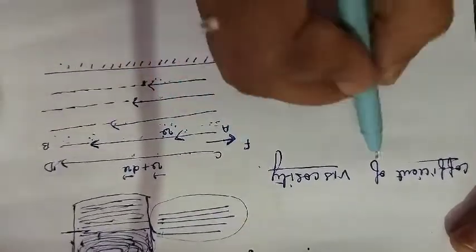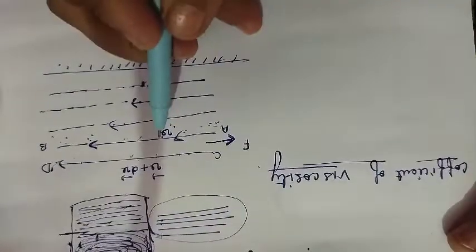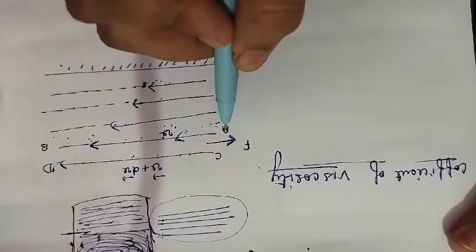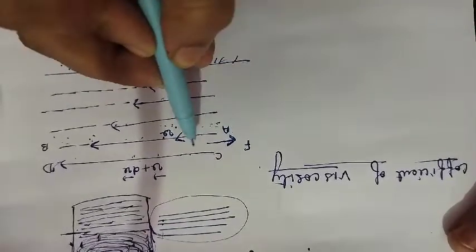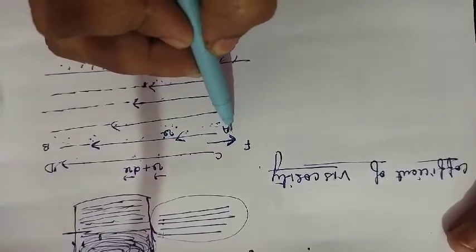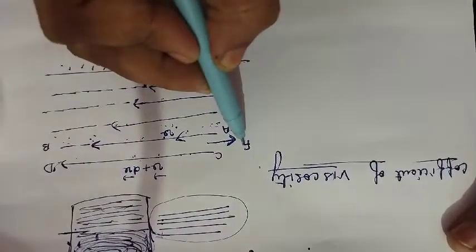Now we have to calculate the coefficient of viscosity. We know that an opposing force comes into play between the two layers. On what factors does this force depend?